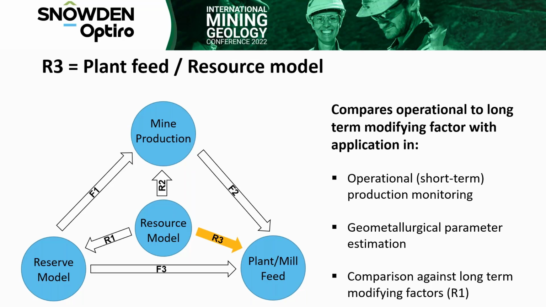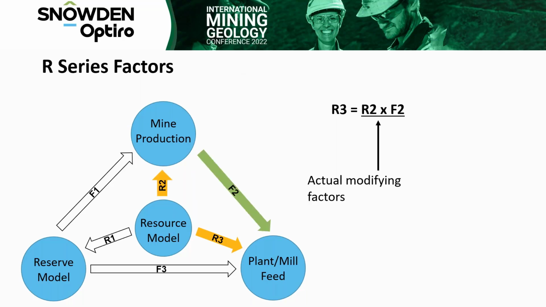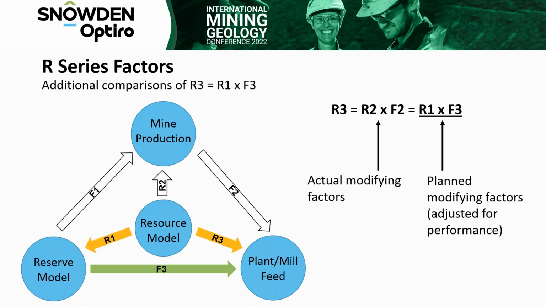But wait, there's more. Because now we can start to break it down even more. So you're not just stuck with the R2, the R3, you can actually start to build it and say, okay, well, R3 is also a component of R2 times F2. So the actual modifying factors, the actual things that are happening when we start to mine that ore body. But it's also equal to the planned modifying factors.